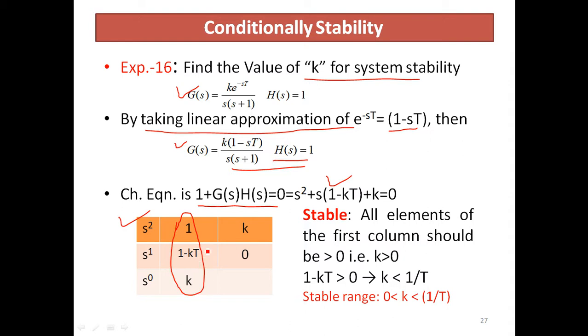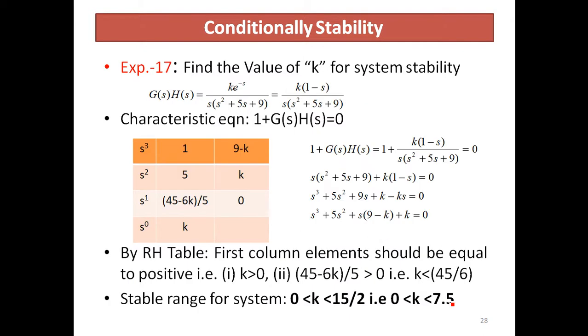So obviously 1 minus kt is greater than 0 and k is greater than 0. So 1 minus kt greater than 0 means k is less than 1 over t, and k is greater than 0. So the range will be defined as 0 is less than k is less than 1 by t.